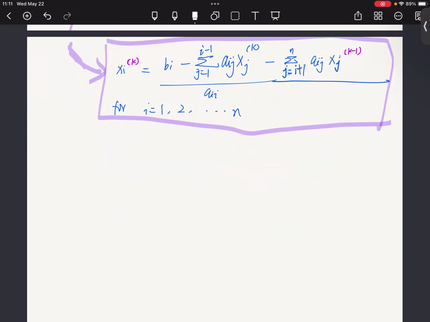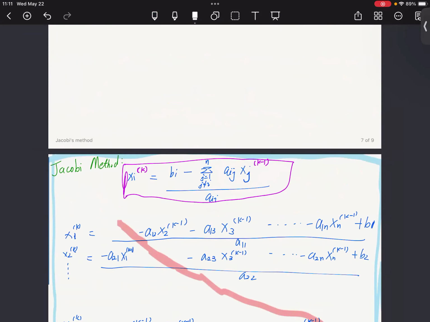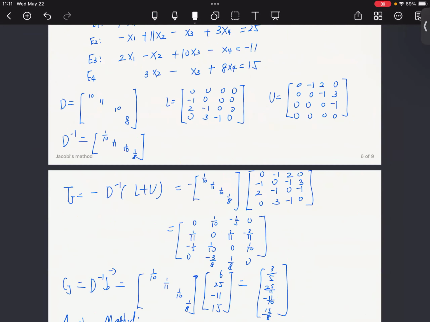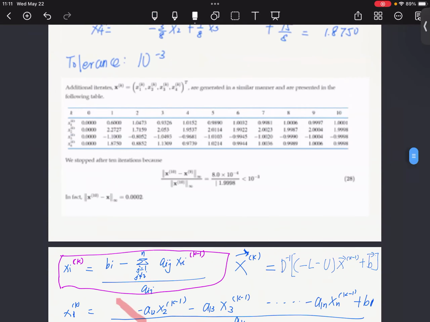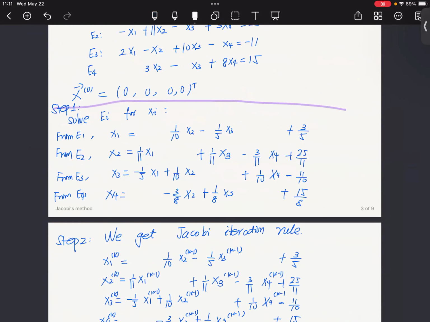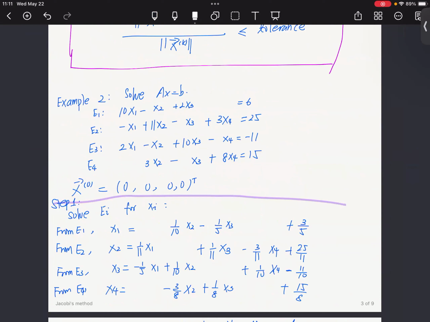So this is the formula, and let's just do one example for this. I'm going to use the same example as the Jacobi's method. Let's just do some copy and paste here. So this is the same example we are going to use.